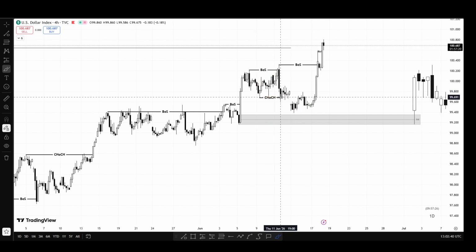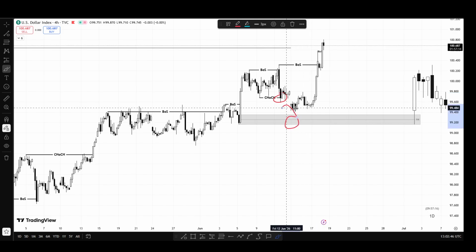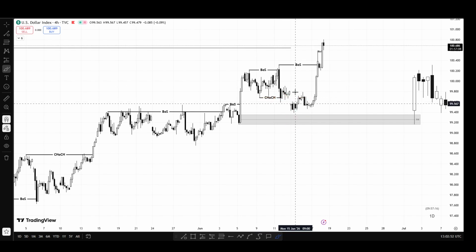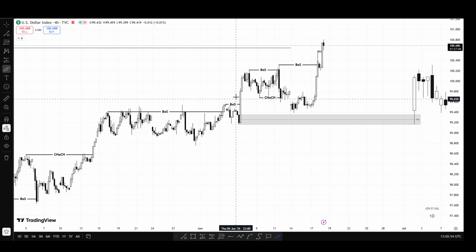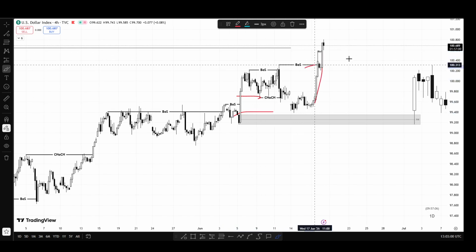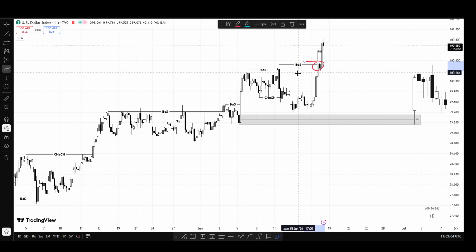So this was somehow a change of character, but it wasn't a true change of character until this demand zone fails. Then this will be a true change of character to downside. So you see that after mitigating this fair value gap, price then swept this to break this high. So now we are having H4 break of structure to the upside here.